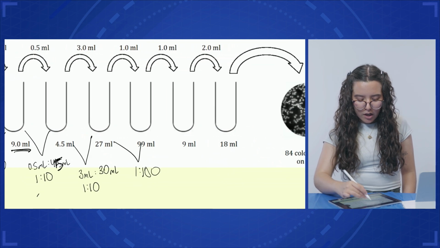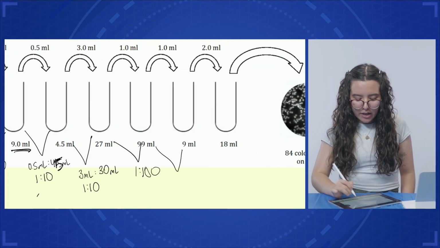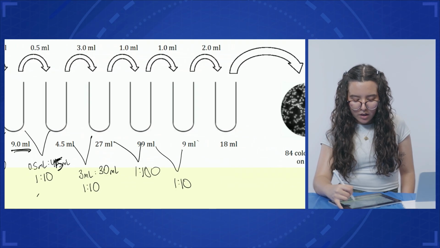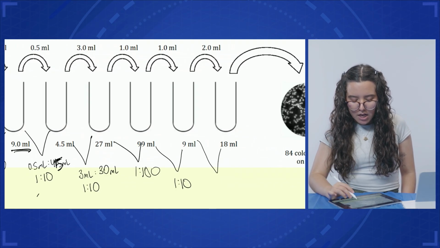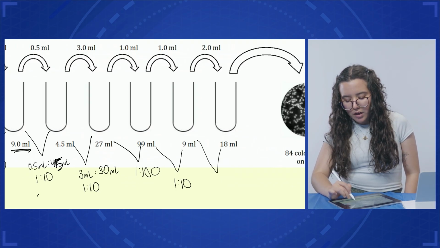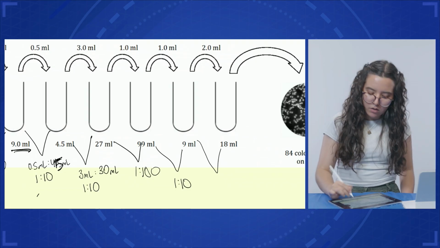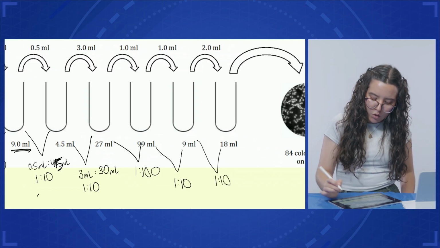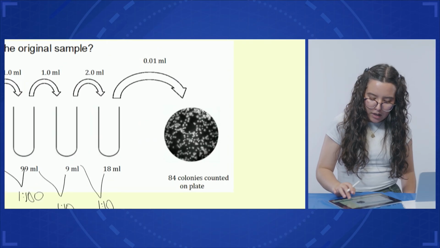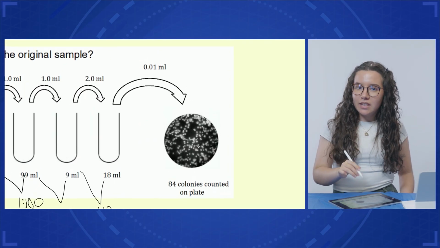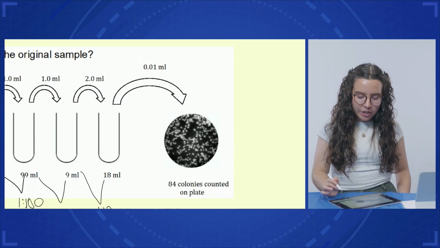Moving on, we have 1 milliliter, add 9 milliliters of diluent, is a 1 to 10. Here we have 2 milliliters added to 18 of diluent, which is 2 to 20, also just another 1 to 10. Now here, this looks a little different. A lot of people sometimes forget to add this, but it's also a dilution.